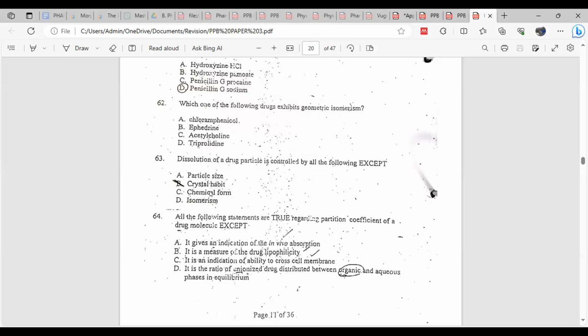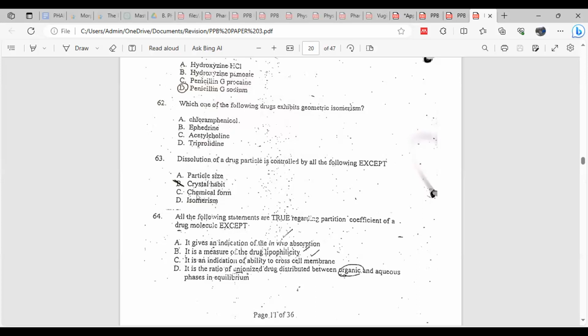Chemical form was also discussing ionized, unionized, and also crystal. So I'll go with isomerism because it fell under solubility. I didn't see isomerism in dissolution. Okay.